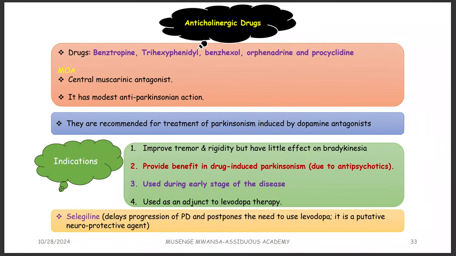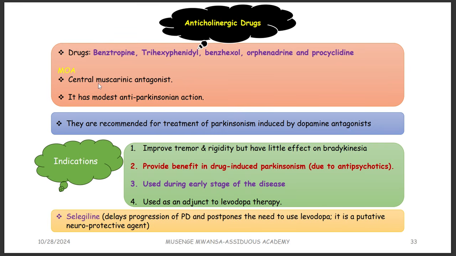So we can now look at each drug real quick and then we answer the questions. When it comes to the anticholinergics, we have got these specific ones we'll use in Parkinson's: benztropine, trihexyphenidyl, and you can also look at these others. These guys work in the central nervous system, as they are central muscarinic antagonists.